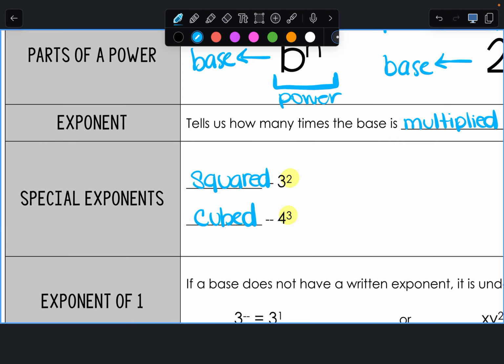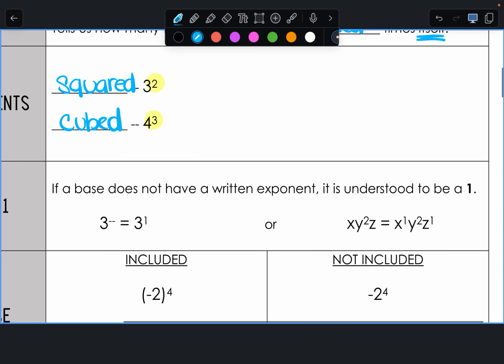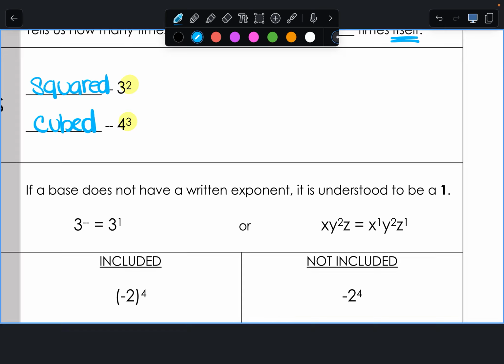All right, so let's think about it. What is negative 2 times negative 2? 4. So that means that these two negative 2's are 4. And then 4 times 4 is 16. When it is written without parentheses, what it is understood to be written as is negative 2 times negative 2 times negative 2 times negative 2, where you have to take care of the parentheses first.